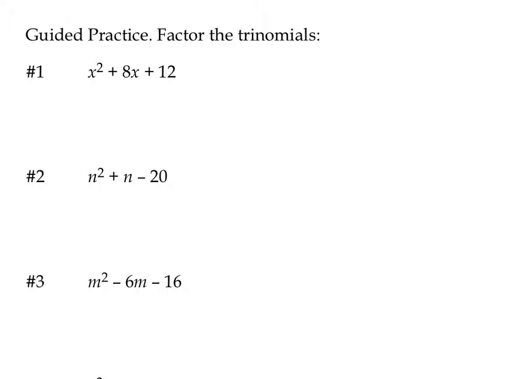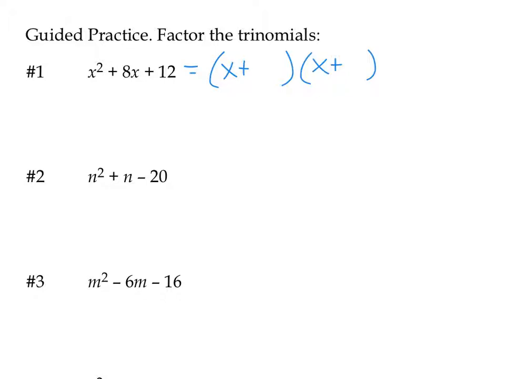Let's try some here. So we have x squared plus 8x plus 12. Since these are both positives, and if you check on the cheat sheet, you're going to see that it talks about how we can make this two binomials where we would have to have a plus and a plus. And then we've got to find numbers that multiply to give us 12 and add up to 8.